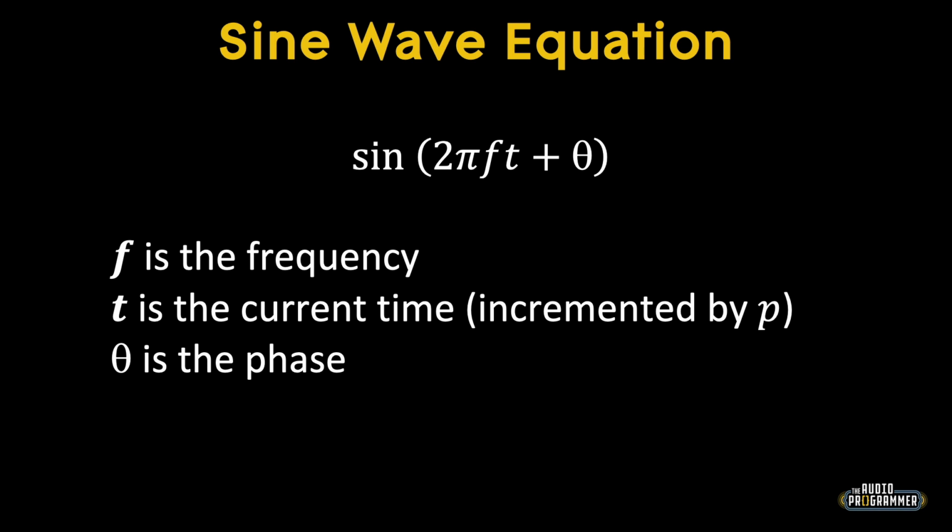What we're going to do is mainly concentrate on taking this and trying to convert it into code. So to read the equation from left to right, it's the sine of 2 times pi times the frequency. The frequency is just the frequency of the wave. And as many of you probably already know, the human range of hearing is from 20 hertz to 20,000 hertz.